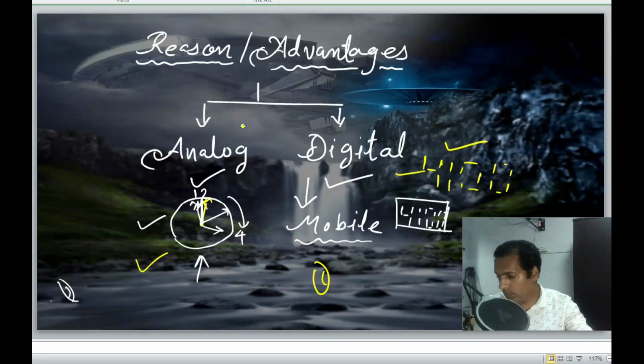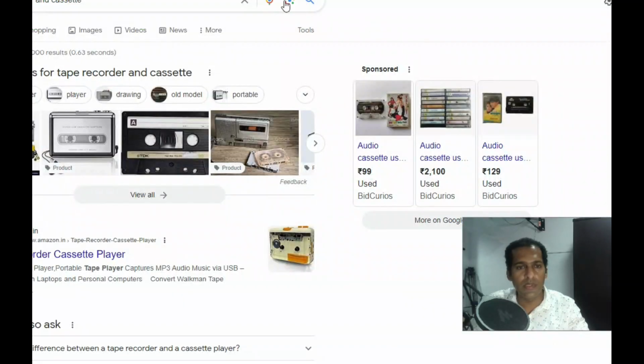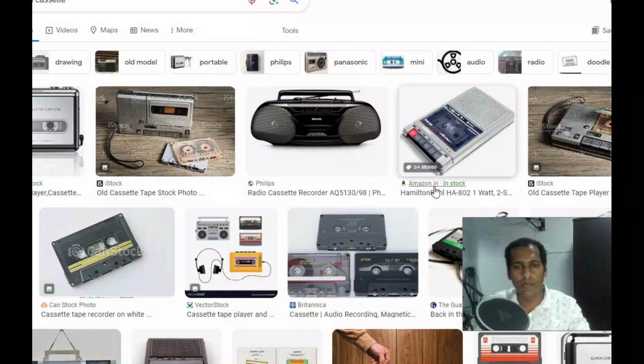Another example, you might have seen tape recorder cassettes. Old tape recorder cassettes are an example of an analog system. We can have some images on the net if you explore.